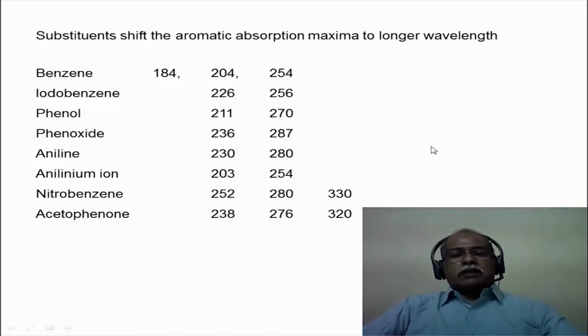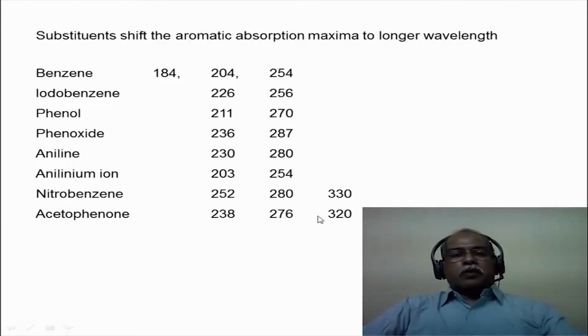It's interesting to see that aniline essentially shifts the benzene absorption, by the auxochromic effect of the amino functional group, from 204 nanometer to 230 nanometer, essentially because of the participation of the lone pair of electrons on the nitrogen onto the aromatic ring. However, if the lone pair is protonated, the spectrum essentially appears like a benzene spectrum. This is 204 and 254, whereas the anilinium ion is essentially like a benzene kind of structure, 203 and 254.